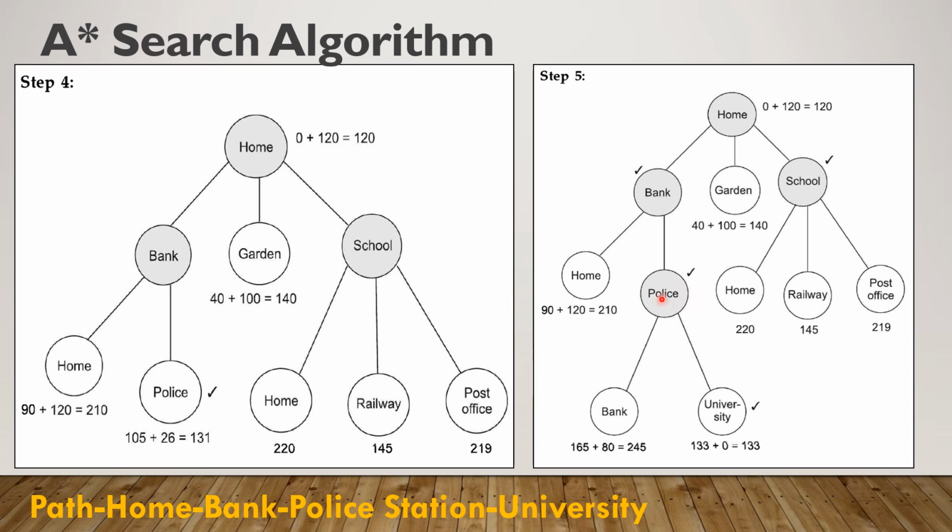This is the way we can use the A star search algorithm to find the optimal path with the information of g of n and h of n. The function value formula is f of n equals g of n plus h of n. Thank you.